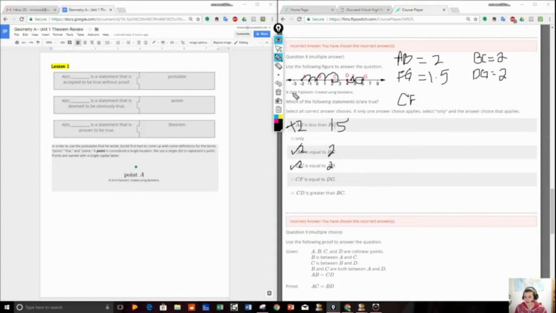So CF is going to be located right here, 1, 2.5. So CF is 2.5. And DG was 2. So is 2.5 equal to 2?